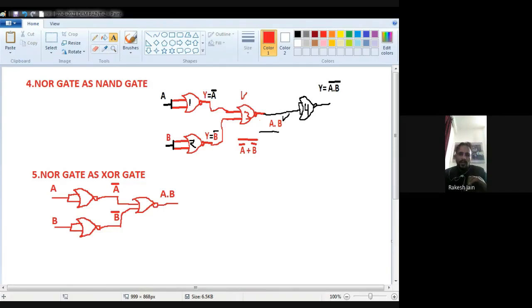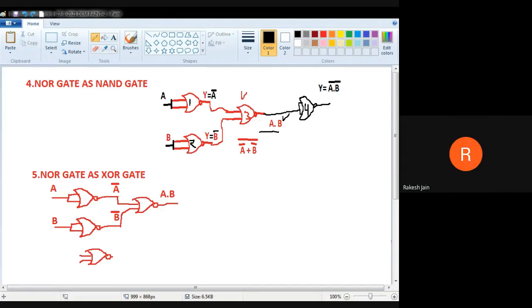Okay. Now I connect the two inputs A and B also as the two inputs of a NOR gate directly. So I use one more two input NOR gate, in which the first input is connected with A. I change the color so that you will understand the connection.